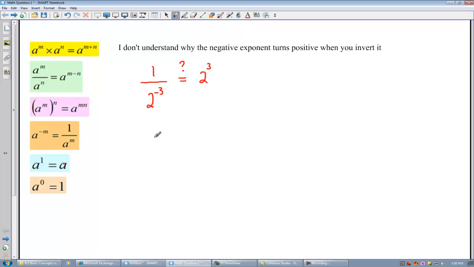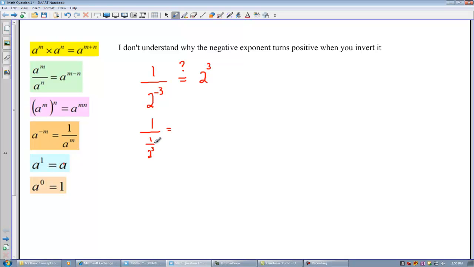Okay. One easy way to see this is to rewrite what 2 to the negative 3 is. So you can say, oh, this is 1 divided by, and 2 to the negative 3 follows this rule here. It's just 1 over 2 cubed, right? So this is like code for 1 over 2 cubed. So it's just 1 divided by 2 cubed.